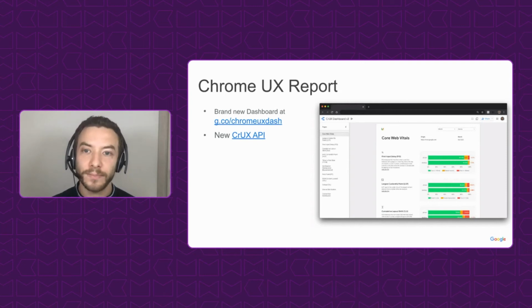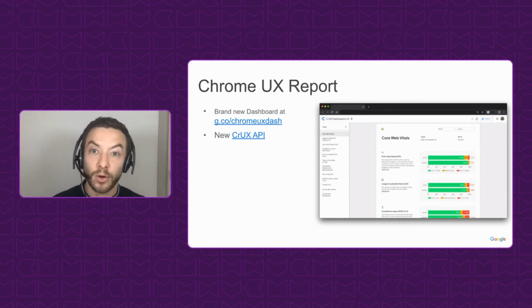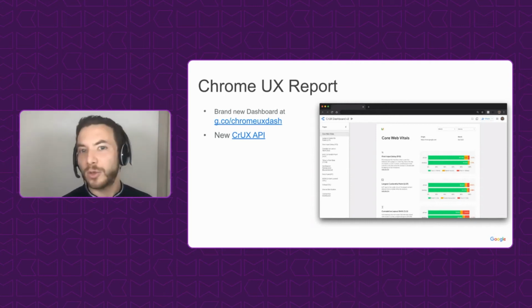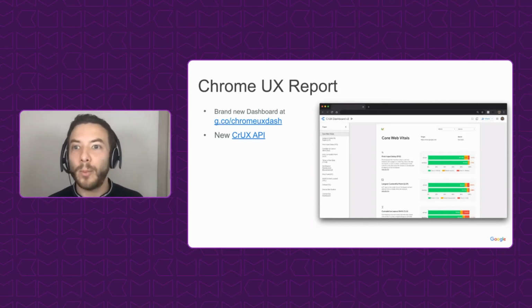On top of this, we also announced a new tool called the CrUX API, which is quite similar to the PSI API, but it allows you to integrate into your development workflows an inspection of different origin and URL level data on Core Web Vitals.